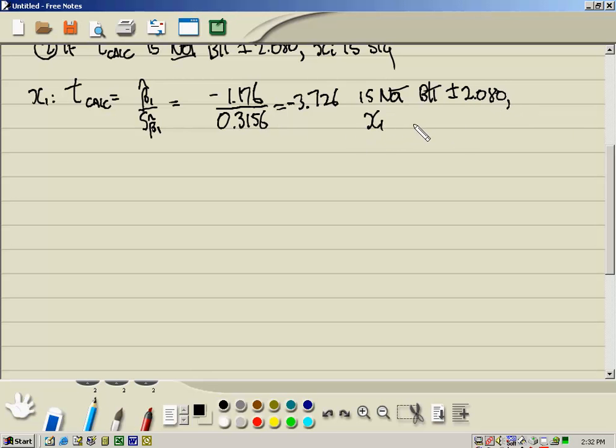So x1, the dummy variable for marital status, is significant. So marital status does significantly help explain the amount of TV watched per day.